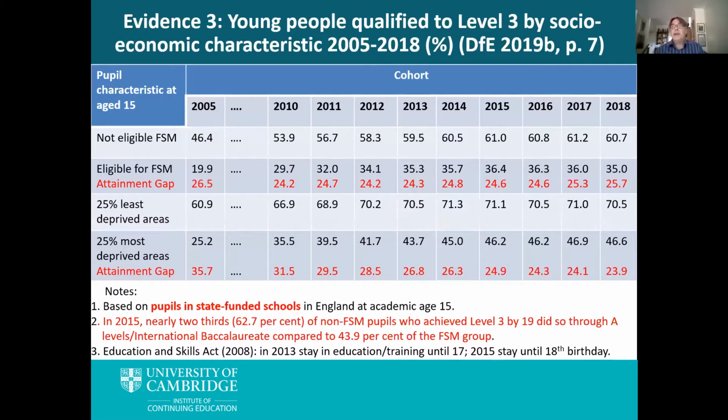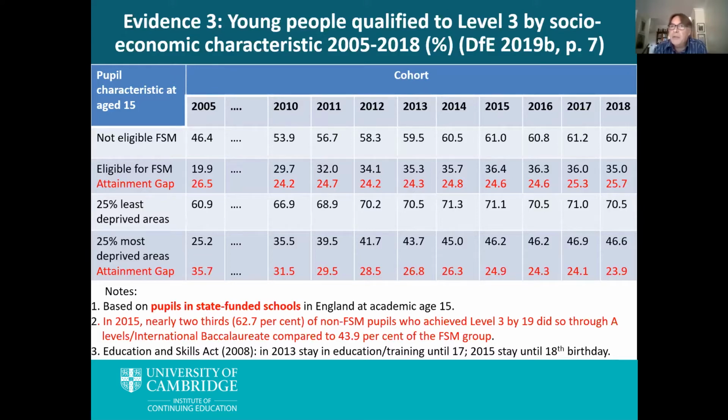You may now be throwing your hands up in despair at the complexity, or seeming complexity, of the following table. This table takes data from the Department for Education that was published in 2019, and it looks at measures of inequality by socioeconomic background at level 3 attainment.